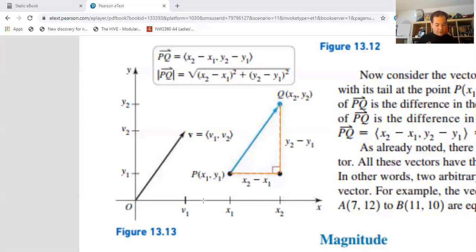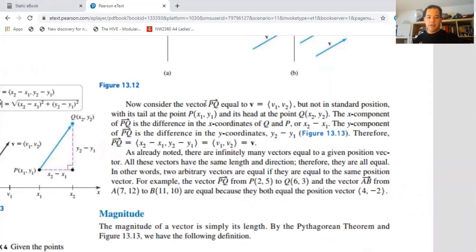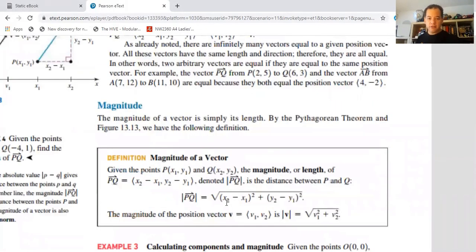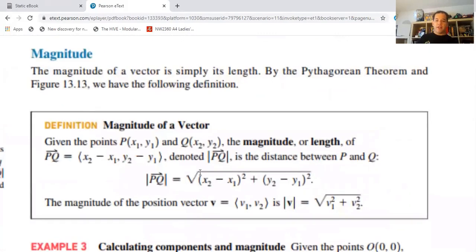Okay. So to summarize, here's the statement: magnitude of a vector. So this is what we just learned. If we have a vector PQ, you can first get the position vector that corresponds to that one, which relates to making P the origin.